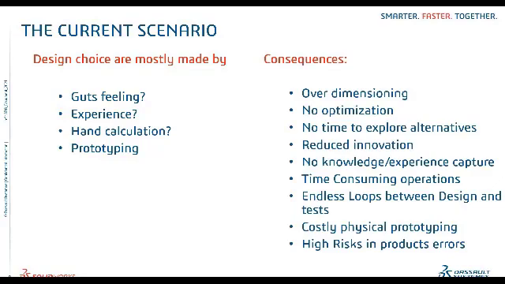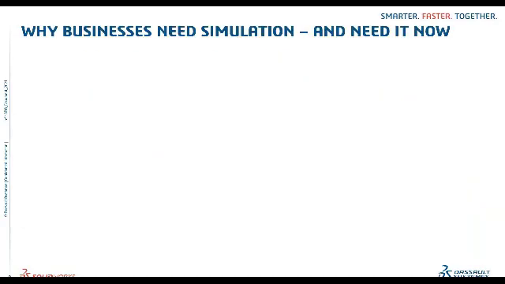These are the consequences of our generic design and development process: over dimensioning, no optimization, and reduced innovation as well. Even knowledge and experience matter from person to person. If we change the designer in the middle of the project, there will be a lot of issues because the new engineer might or might not understand it. There is an endless loop between design and test. We will try to reduce all this.